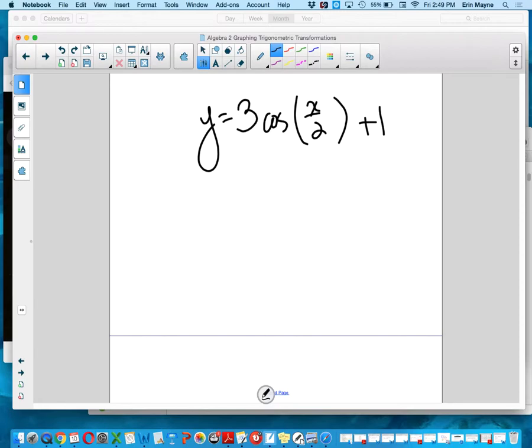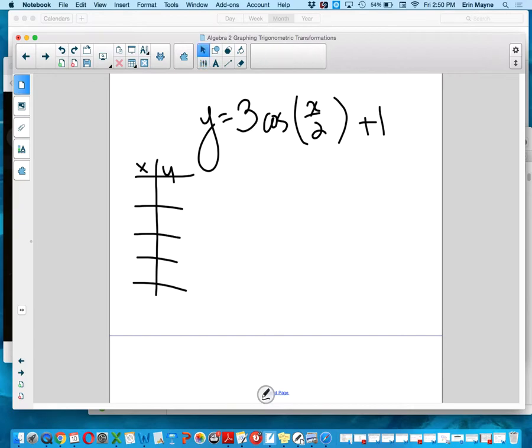For the most part, I will give you graphs, but I find it super healthy to get in the habit of this. So you are not going to touch what's happening with the x's. I don't want you to touch that at all. But what you are going to do is use your parent graph and table to come up with the new y values. Do you feel like you could do that from yesterday? In your groups, please come up with the new y values.